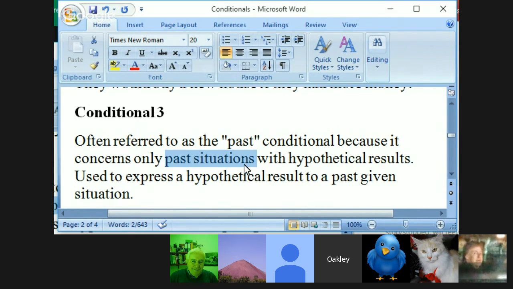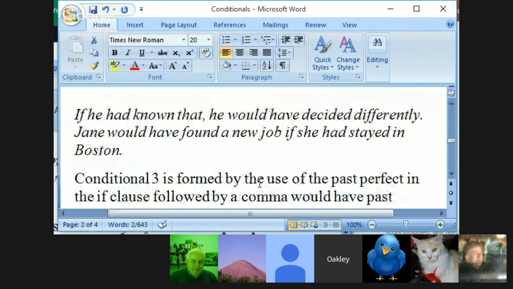So, imaginary past conditions with imaginary or hypothetical results. Okay, let's take a look. If he had known that, he would have decided differently. Notice the construction.